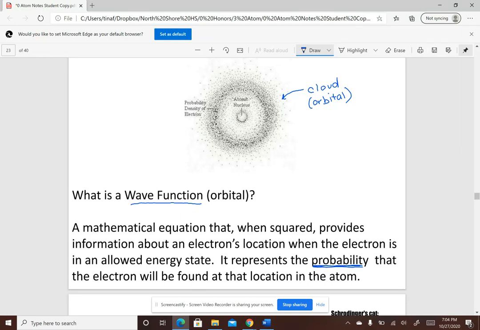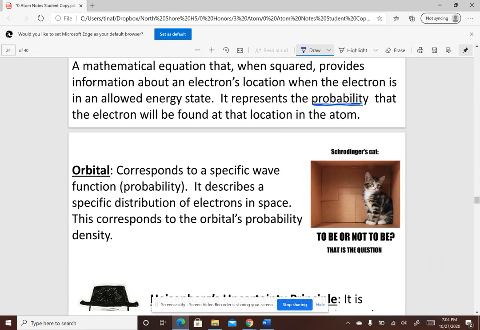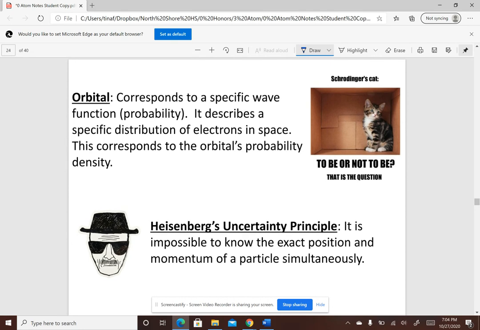So it's not going to say its exact location, but it'll tell you around where it's going to be, which is another way of saying a cloud. Okay, so wave function, orbital, cloud, they all can be thought of as the same thing. And again, we have another definition for orbital, which is a wave function or a probability.